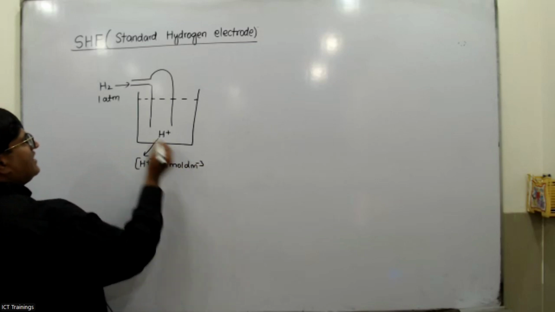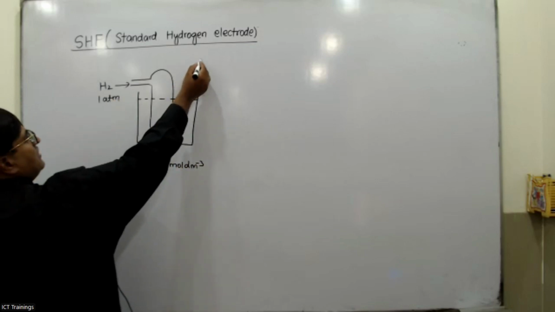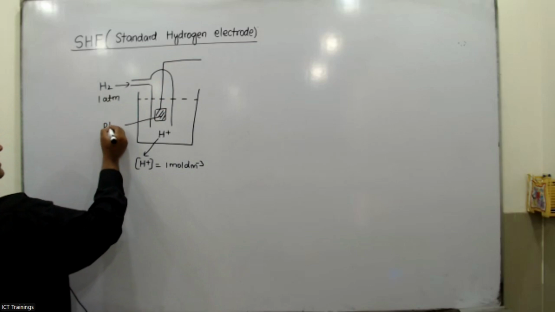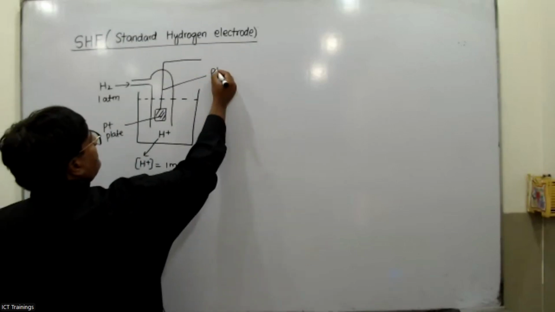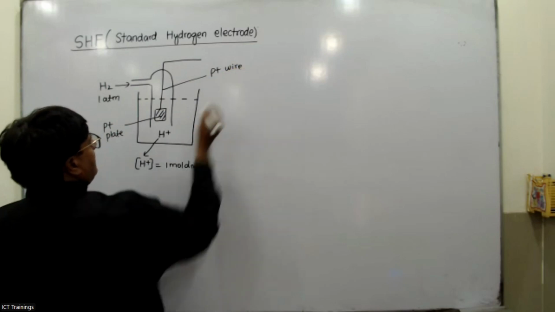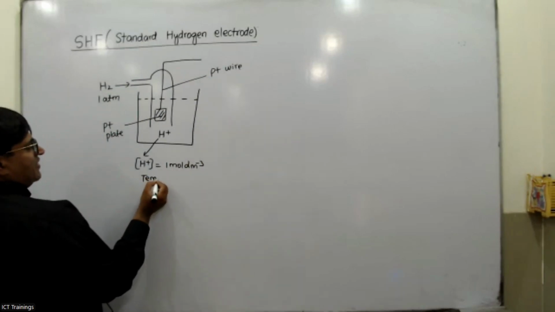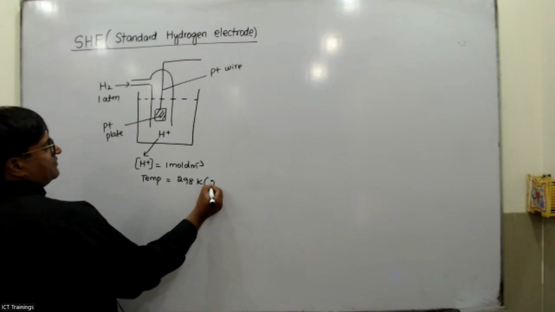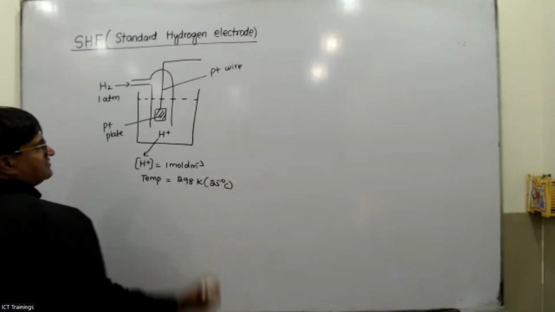You know that hydrogen and hydrogen ions are both unable to conduct electrons, so we put the platinum plate in here. This is the platinum plate, and this is the platinum wire. The temperature is 298 Kelvin, which is room temperature, 25 degrees Celsius.